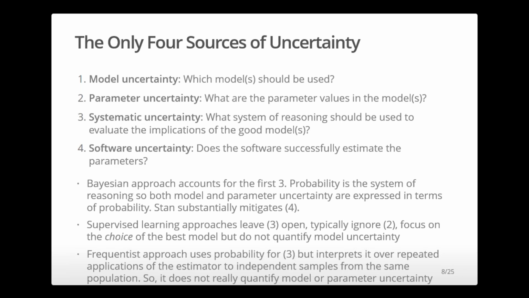You probably aren't even sampling at all. You just have the one set of data that you have and you want to make inferences about that. In any event, the frequentist approach doesn't really quantify model or parameter uncertainty in the same intuitive way as the Bayesian approach.